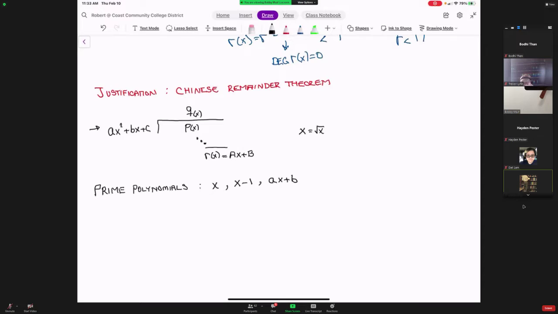You've seen me do these dirty, sneaky tricks before, some of you in Calc 1, where we had to figure out limits. But those two things don't count as polynomials. So these linear guys are prime. And we also have certain quadratics that are prime, meaning that they can't be factored down any further.